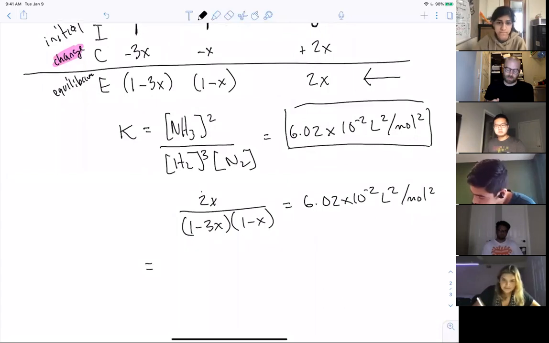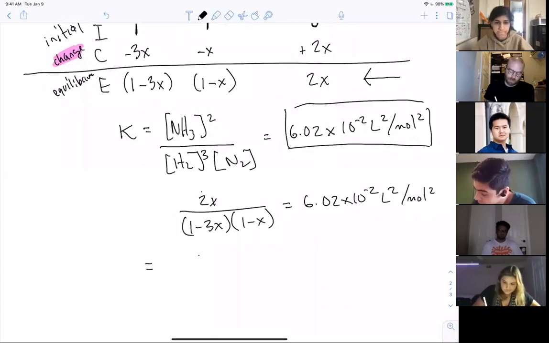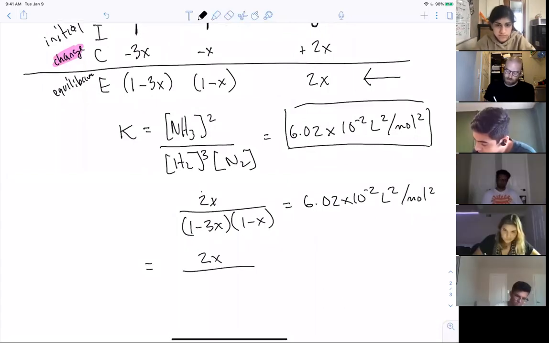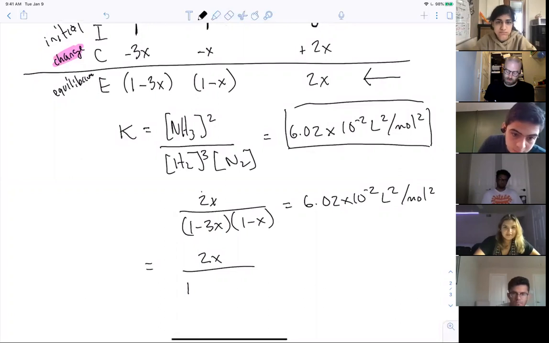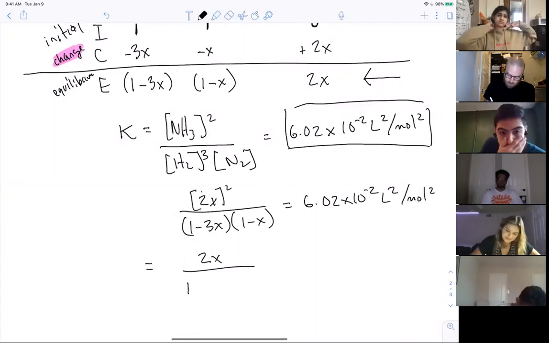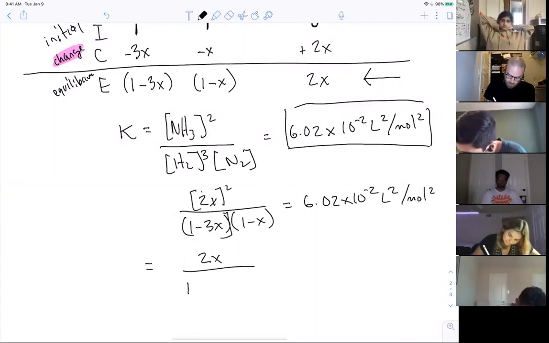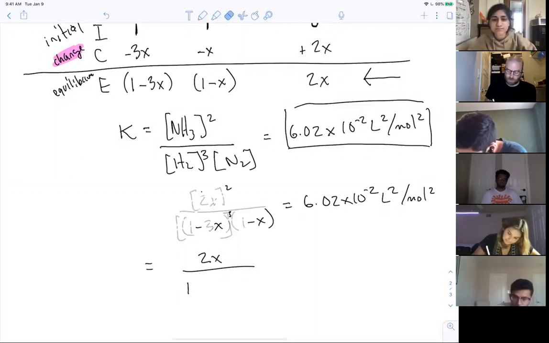So there's two different ways that this can sort out. One is, see how my algebra skills are not great anymore. Let's see. Forgot the square on 2. Oh yeah, thank you. And the cube on the 1 minus 3x.